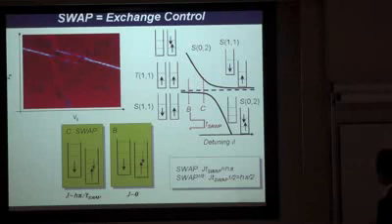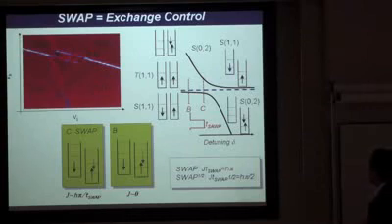And near this, the dashed blue line indicates a spin triplet state. The exchange energy is equivalent to the difference between this triplet and this singlet. This small difference is the exchange energy. When you approach the resonance region, due to the repulsive behavior between the two singlet states, the exchange energy is increased. But when you are away from this resonance point, the exchange energy is decreased to more or less zero.